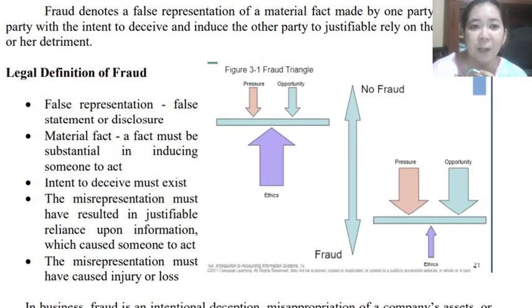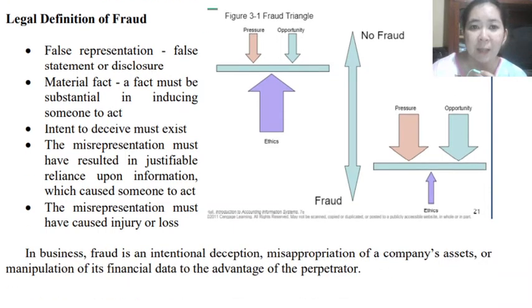The first element of fraud is there is false representation. When we say false representation, this is a false statement or disclosure, meaning an incorrect presentation of financial or other data.